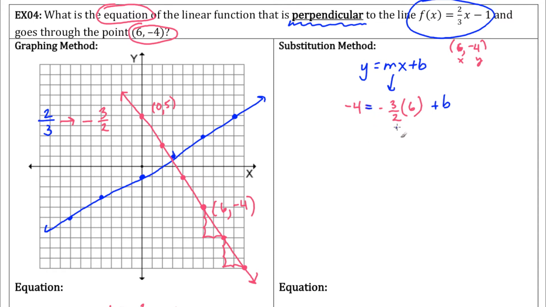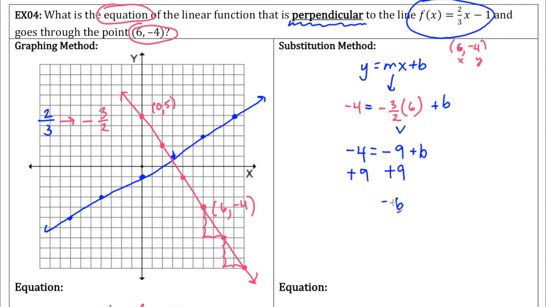Okay, so a negative times a positive is a negative. 6 times 3 is 18. 18 divided by 2 is 9. And we have negative 9, so we need to add 9 to find out what b is.